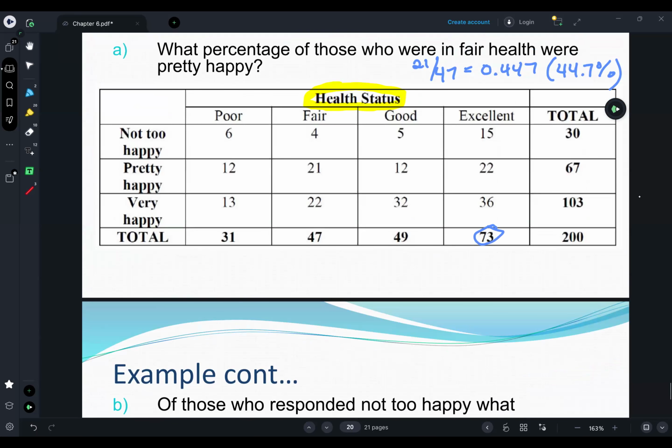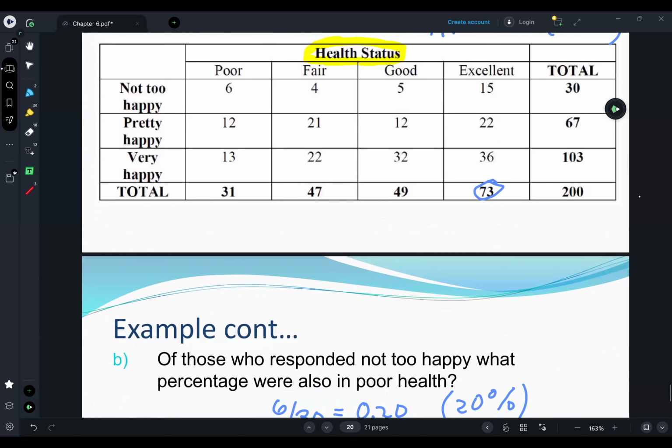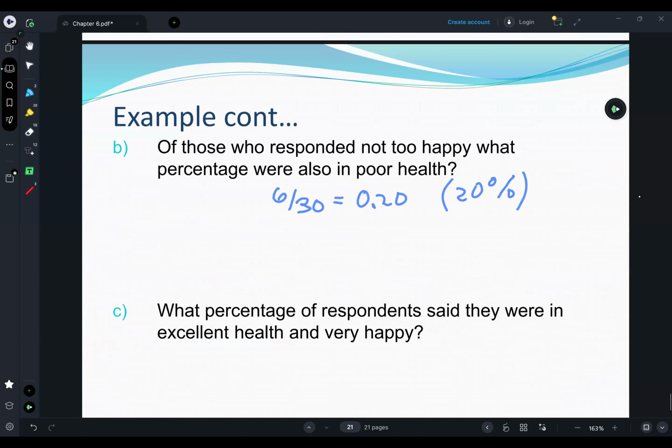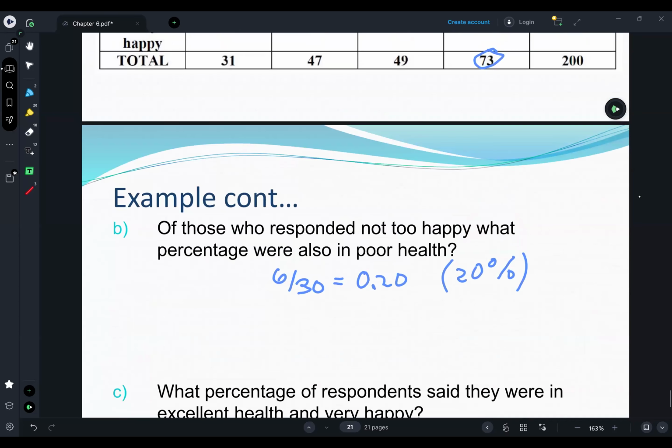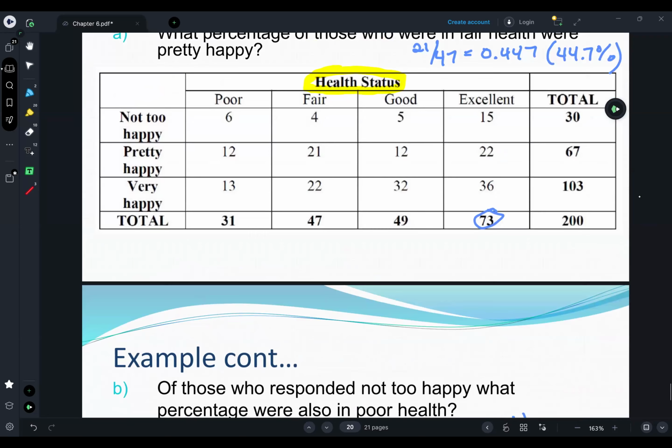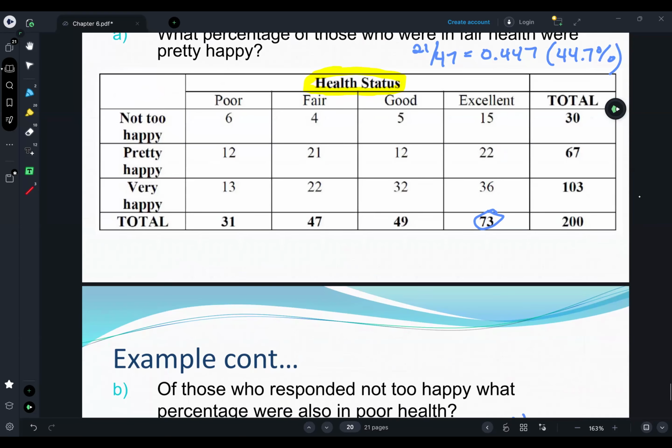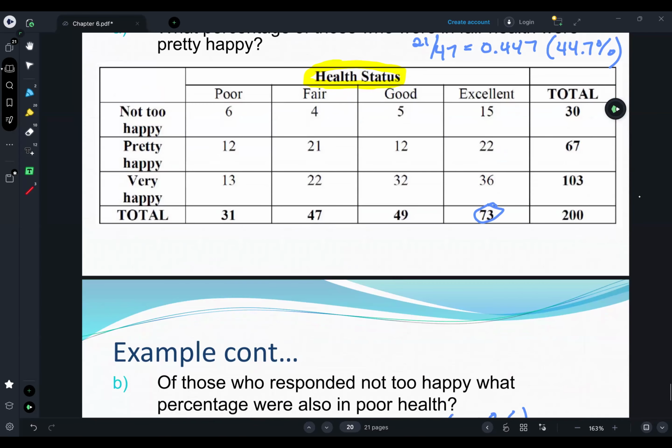This would be 73, right? I think 73 is good. And what else? I'm very happy. So how would we do that? We want a cross tabulation.